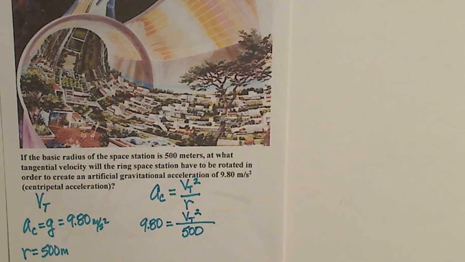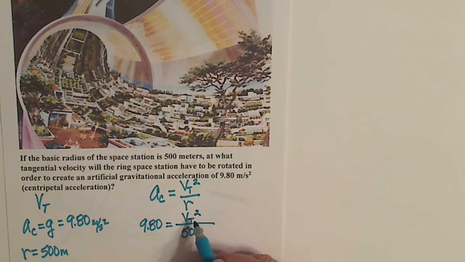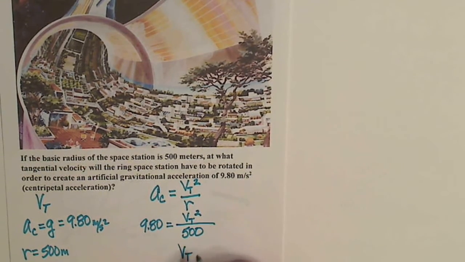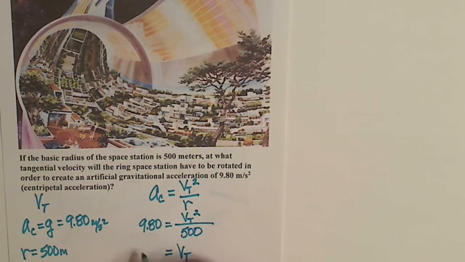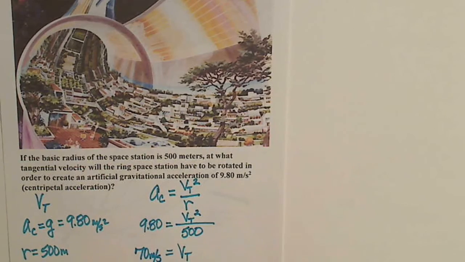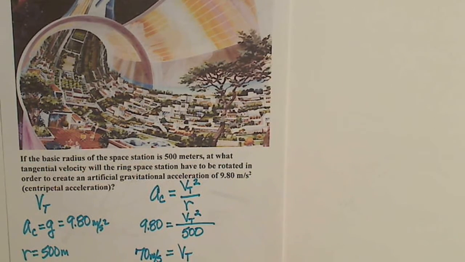So if we very carefully calculate this out, and don't forget to take the square root at the end because of that square right there, you're going to get a tangential velocity of 70 meters per second.